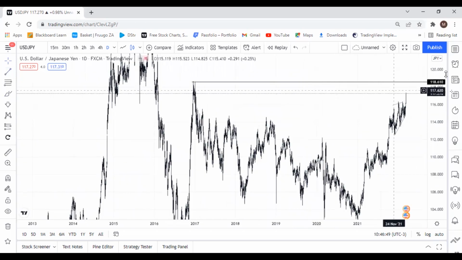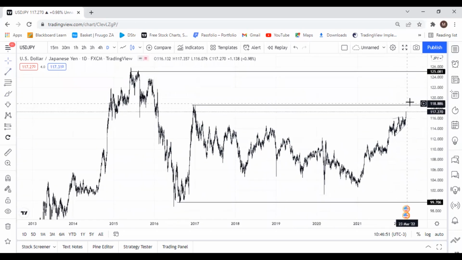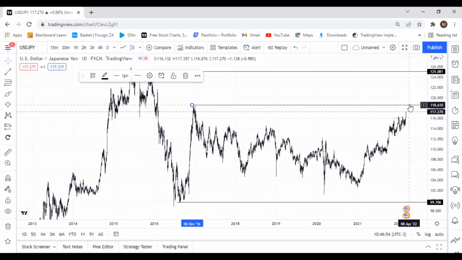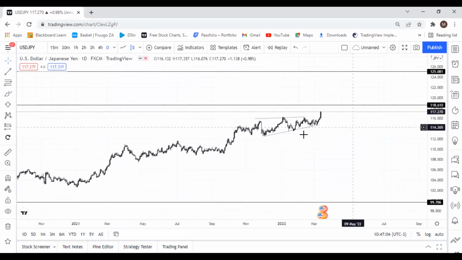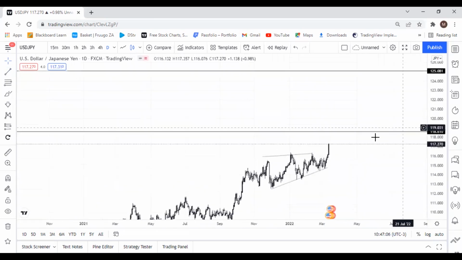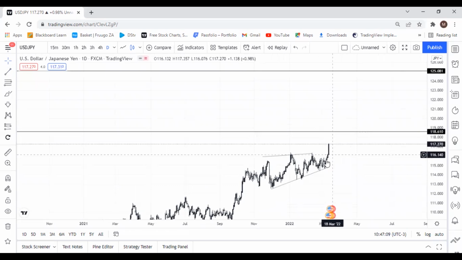You can see that the price is trying to reach this double top area, and that is the reason why it's shooting up, because of this zone.